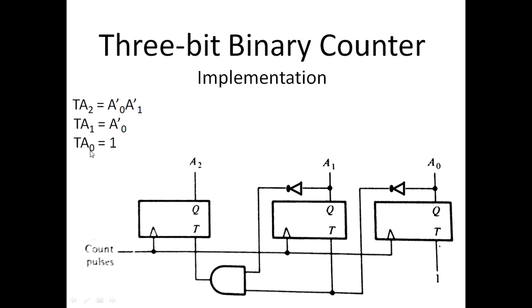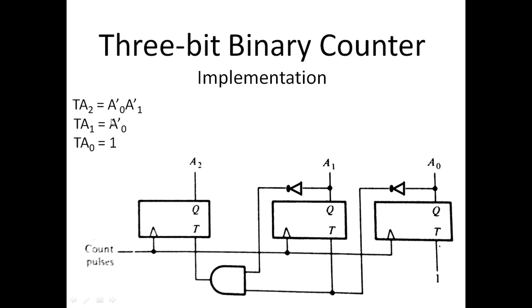So TA0, which is the T or toggle input of flip-flop 0, is 1. So the toggle input of flip-flop 0 is connected to a constant logic 1. Similarly, the T input of flip-flop 1 is TA1, and that is equal to A0 prime. So A0 is complemented and connected with the T input of flip-flop 1.